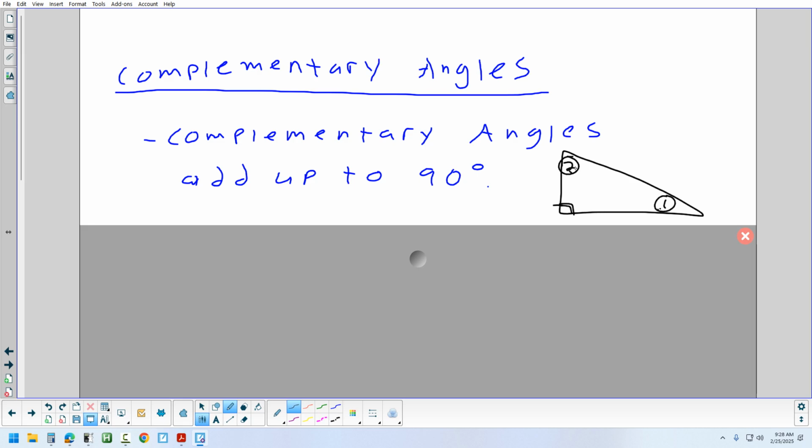What does that mean about angles 1 and 2? They're both 45? No, you could have one that's like 80 and one that's 10. But they both have to add up to 90, so what does that mean about them? They're acute, yep, they both have to be acute, and something else.